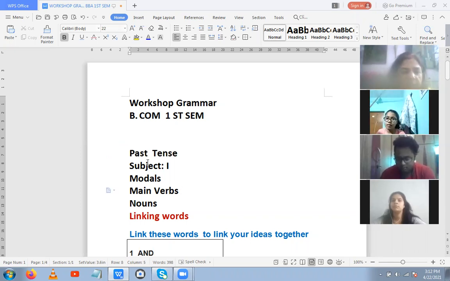We are including subject, which is I, which is a pronoun, personal pronoun I, and we are using modal verbs, helping verbs. Then we are using main verbs, main action verbs, and nouns. We were already using it in day one we used nouns, and now we are introducing linking words or conjunctions.